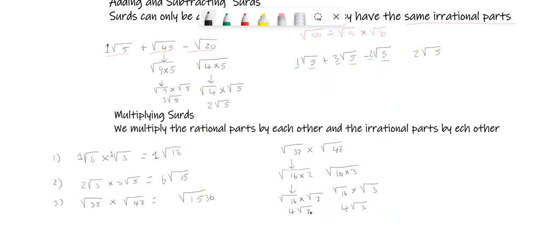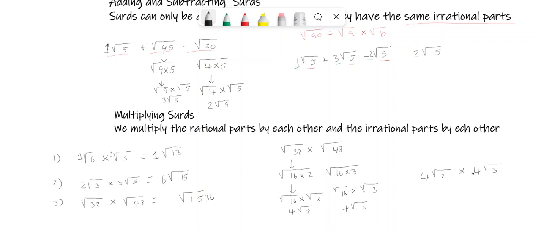Okay, so it looks something like that. So we have 4 times the square root of 2 multiplied by 4 times the square root of 3.